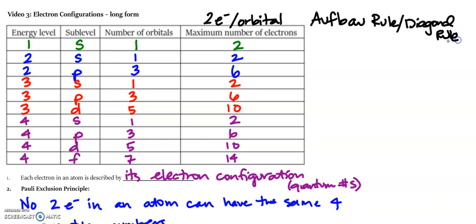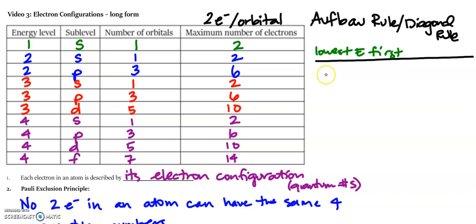So we're going to write diagonals that are going to put these in order from lowest energy level to highest. So lowest energy level is first. So first thing I'm going to do is write all of these energy levels with their sublevels. So I'm just going to write them in rows.